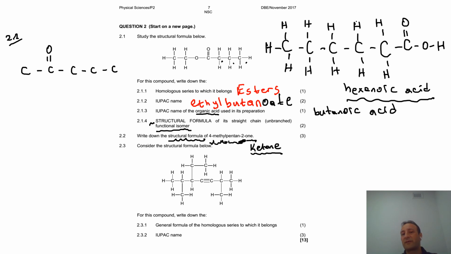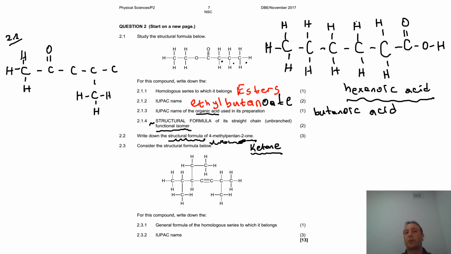And then what is left? The substituent, which is methyl. Where is the methyl? On the 4th carbon. I start from here, 1, 2, 3, 4. So here I have a methyl group, CH3 group. But as we are required to write the structural formula, we write hydrogen separately. The rest, just add hydrogen atoms around the carbon atoms to make their octets complete, which means to make each and every carbon have 4 bonds.